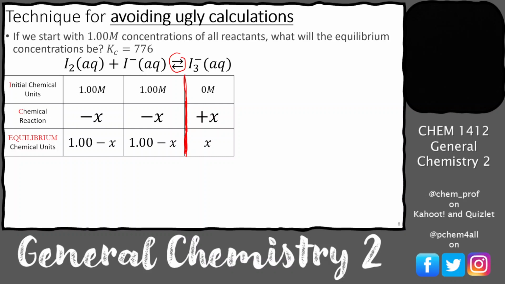Assume infinity? Infinity, so we can't get infinity out of it. What's the maximum it can be? 1. Okay, if we say X is 1, what have we done? We've pushed it all the way to the products. Is it going to stay there? No, but it's a good starting point.